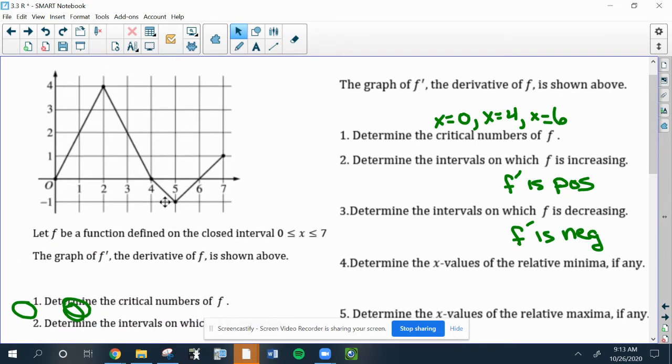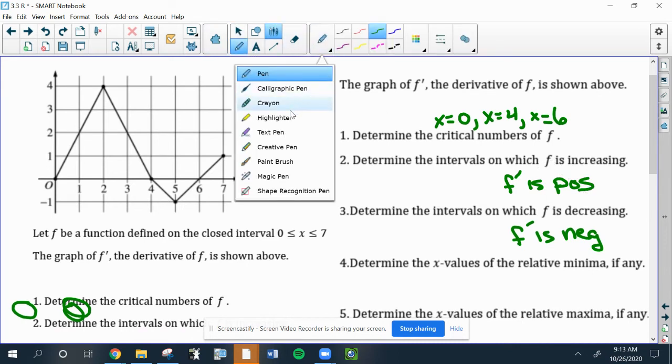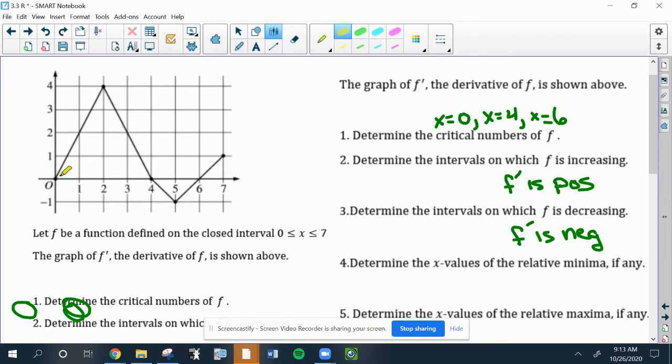So this is the graph of the derivative. We're trying to figure out where it's positive. A graph is positive when it's above the x-axis. So all the values are positive here, and this is the derivative. So the derivative is positive this whole way until you get to 4, and then it goes to negative.